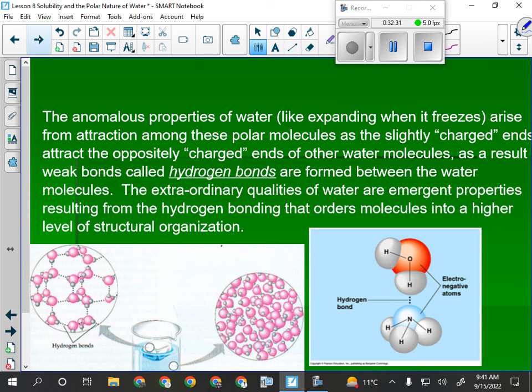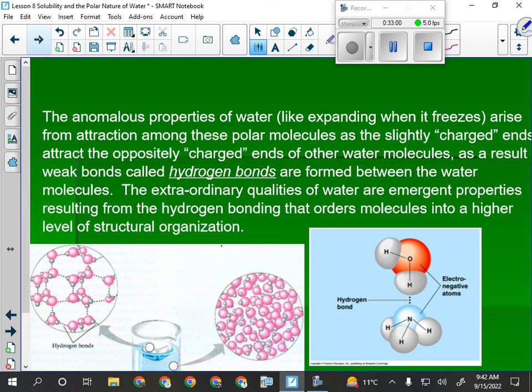Very few compounds or elements or any other materials, period, do that. Water does it. The natural rule is, as things get colder, they contract, and everything obeys that, except water. The reason that water expands when it freezes is because it's polar. So it's got these polar bonds, and they're these hydrogen bonds that are holding them together.